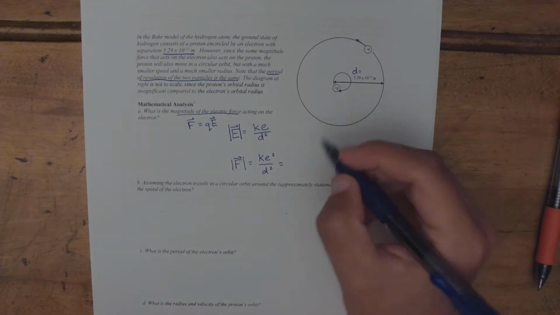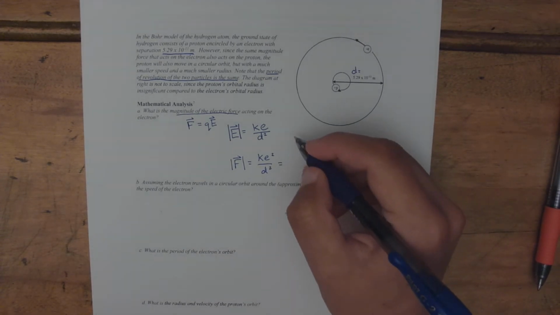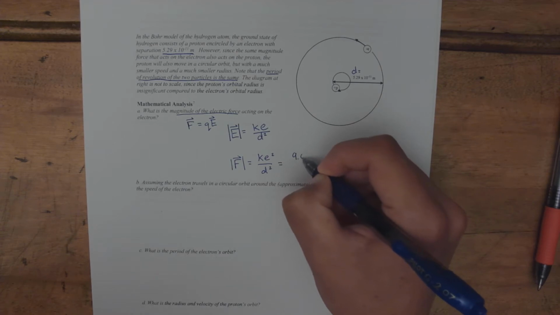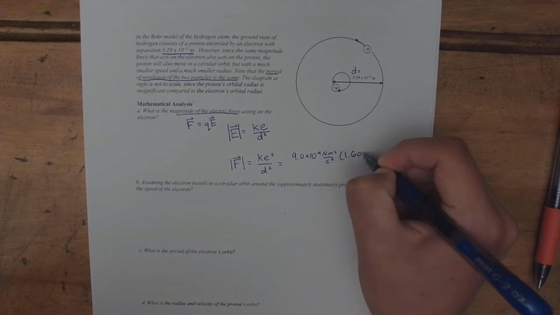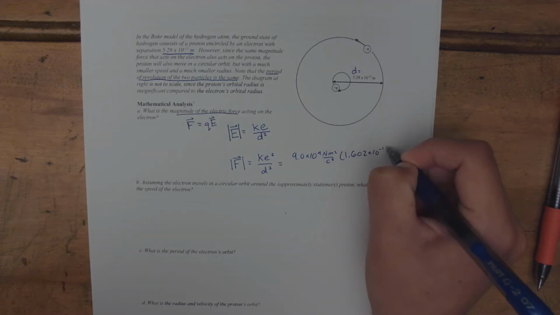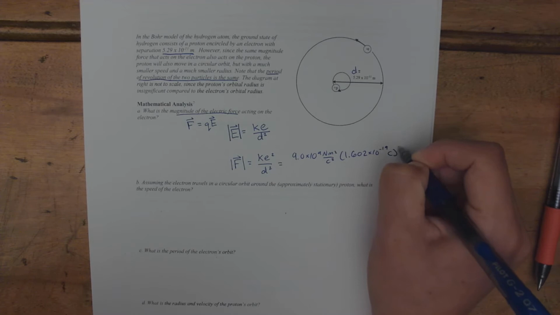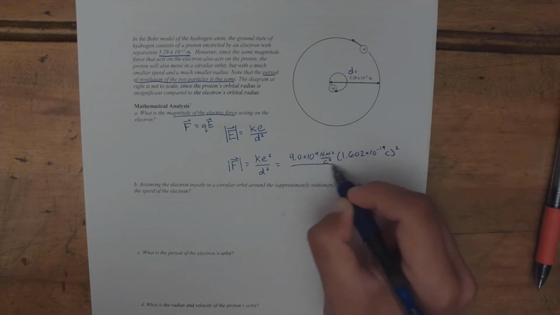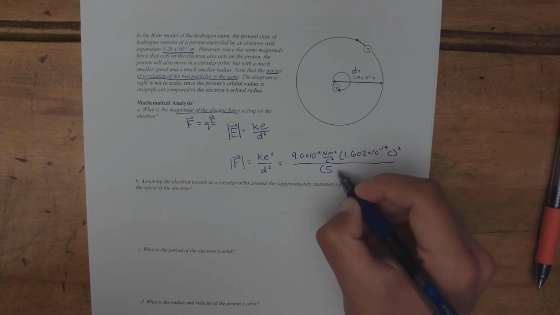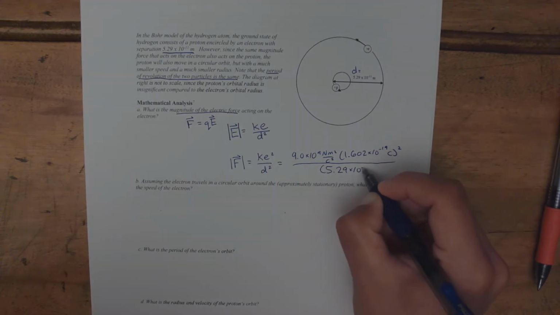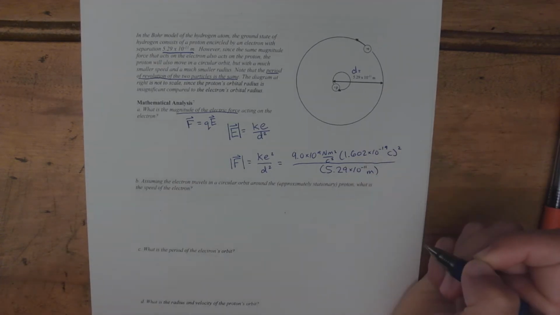Then let's put in some numbers. So this is 9 times 10 to the 9th newtons meters squared per coulomb squared. E is 1.602 times 10 to the negative 19th coulombs. We square that now because we're looking for the force. It's charge squared, divided by d squared, which is 5.29 times 10 to the negative 11th meters.